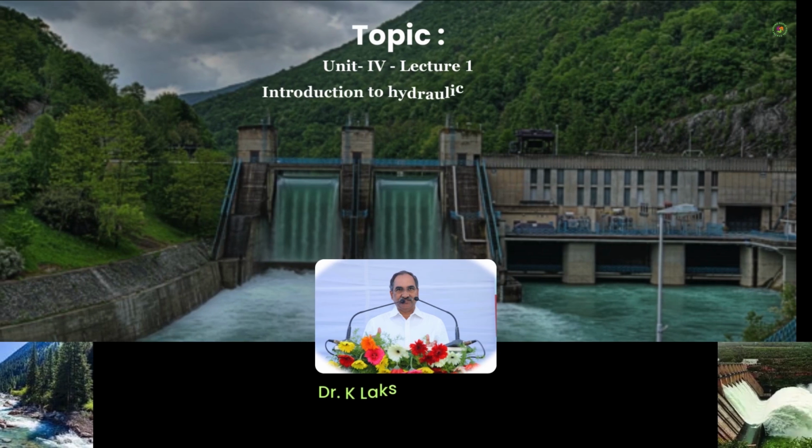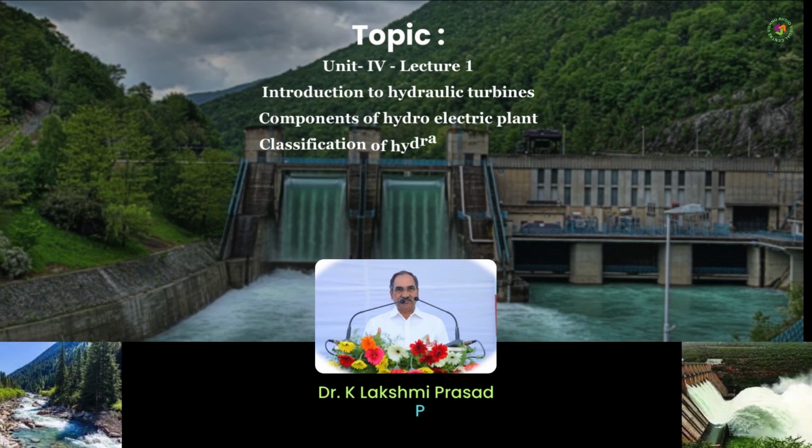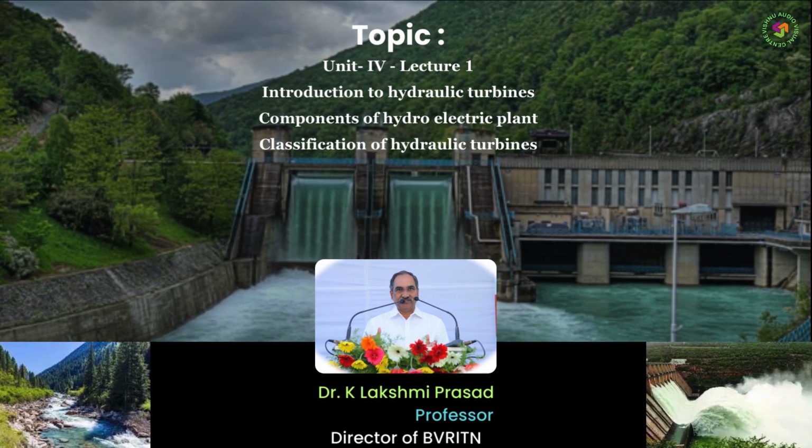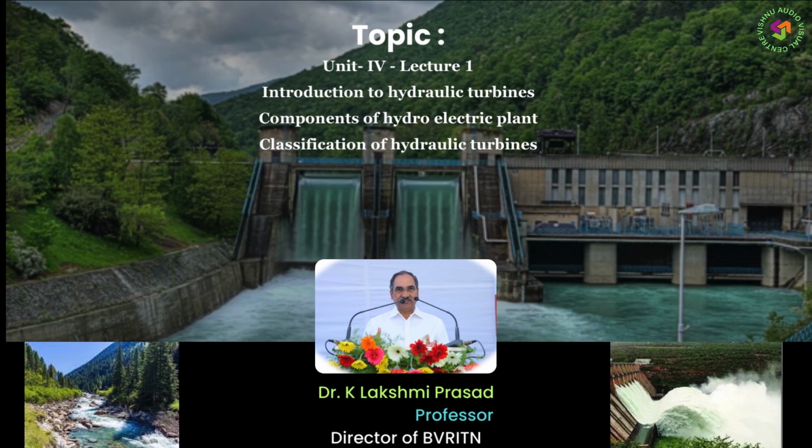It is part of a hydroelectric plant. Once this mechanical energy is supplied to the generator, the generator converts it into electrical energy. So remember that the source of energy is water. The final outcome of the total plant is electrical energy.